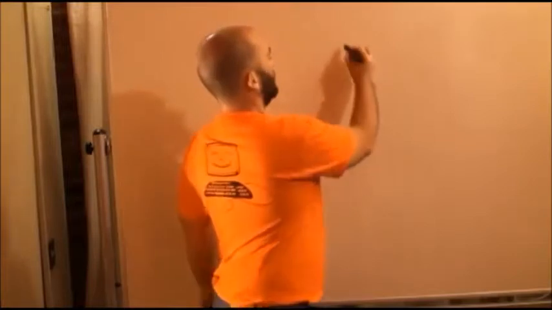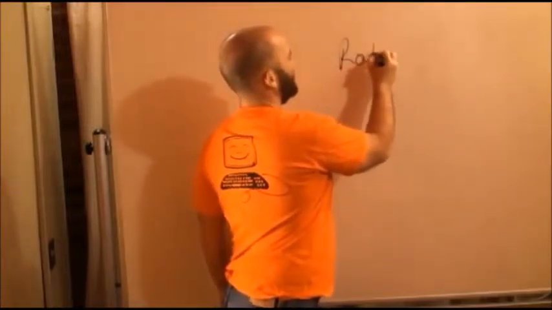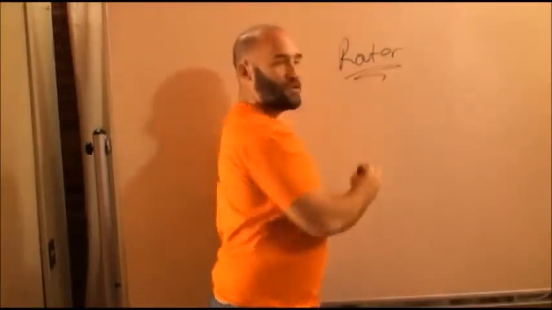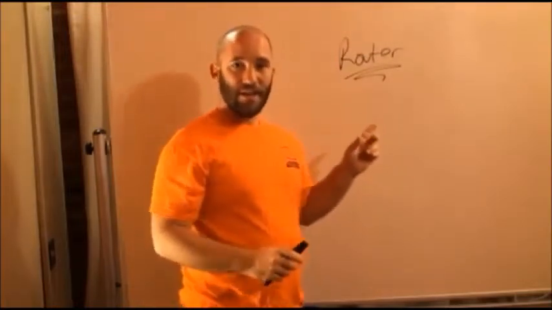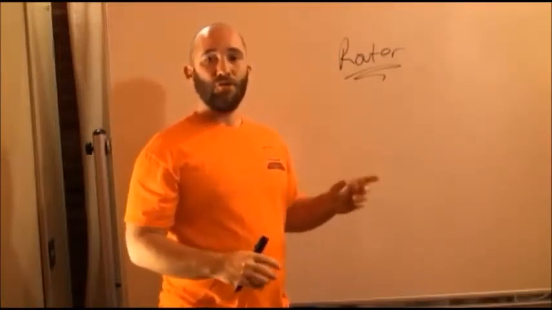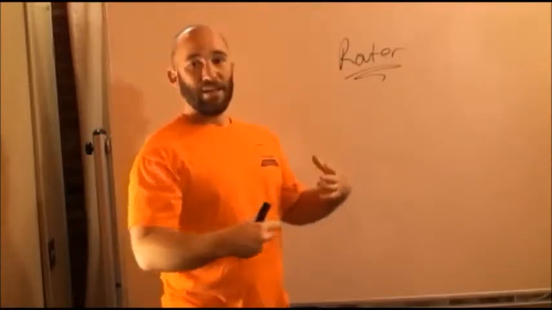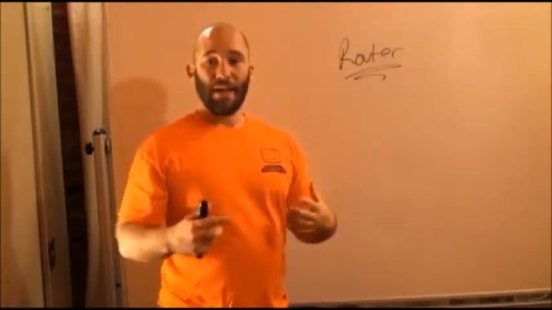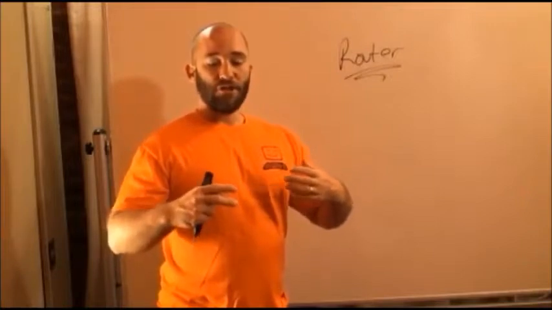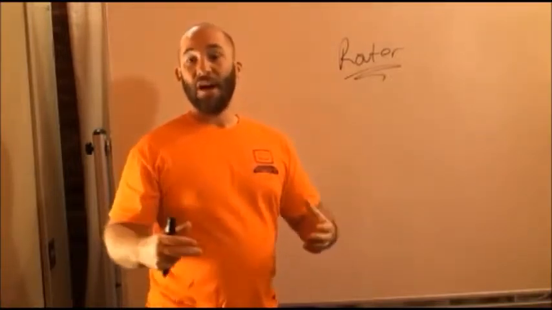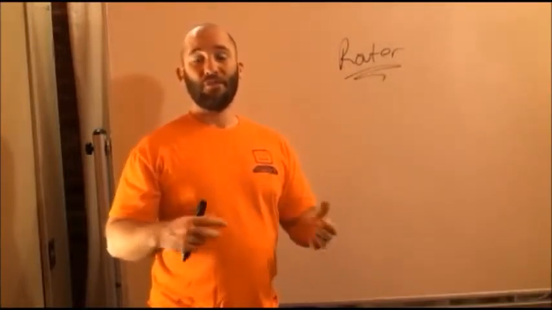So now that we understand modems, the next device underneath a modem in your average network is something called a router. The router allows you to separate different networks. Let's say you're in a building and you're sharing the internet connection between multiple different businesses.